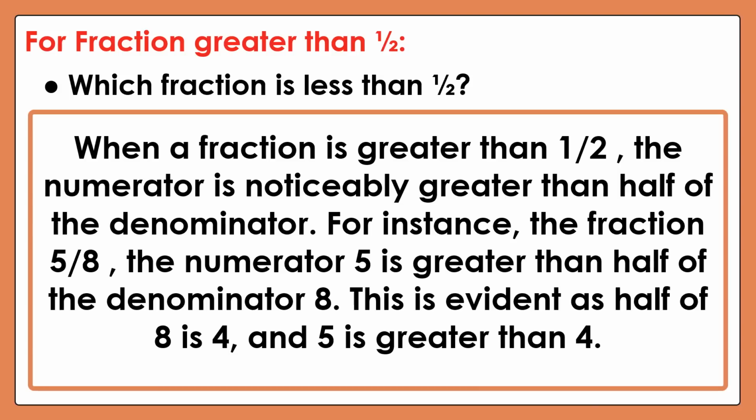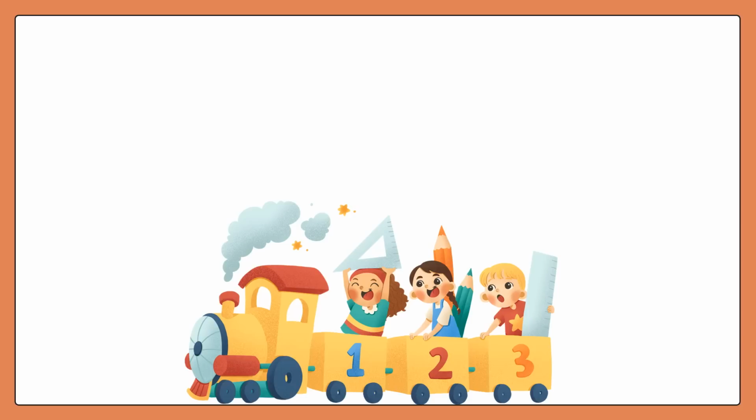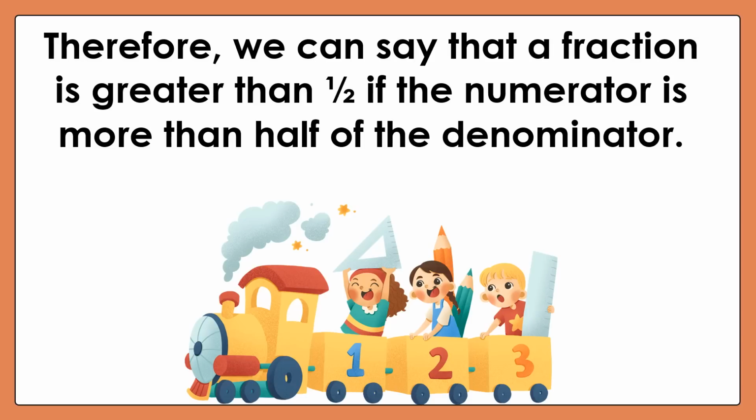This is evident as half of 8 is 4 and 5 is greater than 4. Therefore, we can say that a fraction is greater than 1/2 if the numerator is more than half of the denominator.